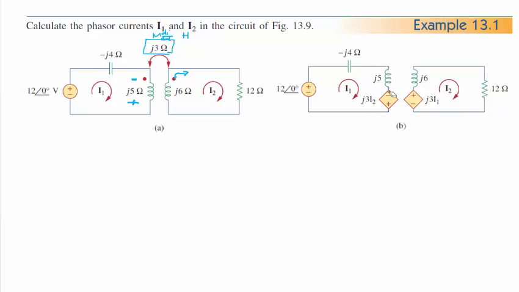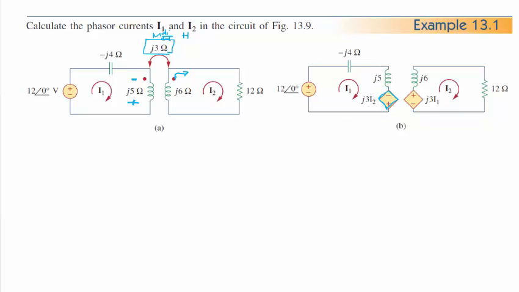Notice that the induced voltage in loop 1 from loop 2 has the polarity given by my blue polarity signs. And the size of it is this mutual inductance, J3, times I2, and we're in the frequency domain.